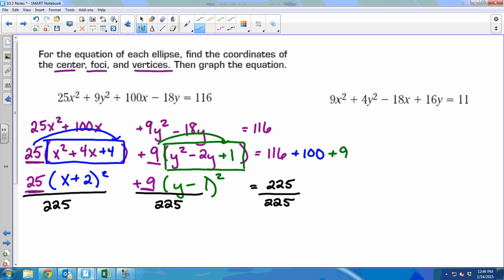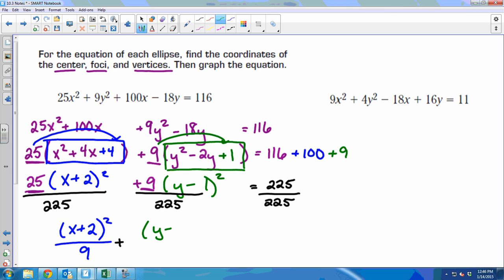Now, when you divide, everything should come out nice and neatly most of the time. Almost always. When you reduce 25 over 225, you get 1 over 9. So I have x plus 2 squared over 9. And then 9 over 225 also reduces to 1 over 25.